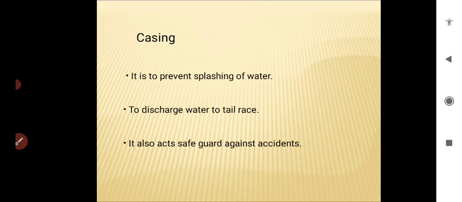It prevents the water from splashing and also guides it to the spillway, which exists for extra water to protect the structural integrity of the dam. Normally it is made of cast iron.